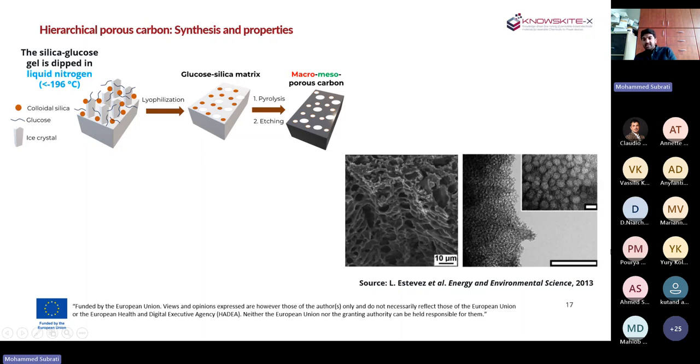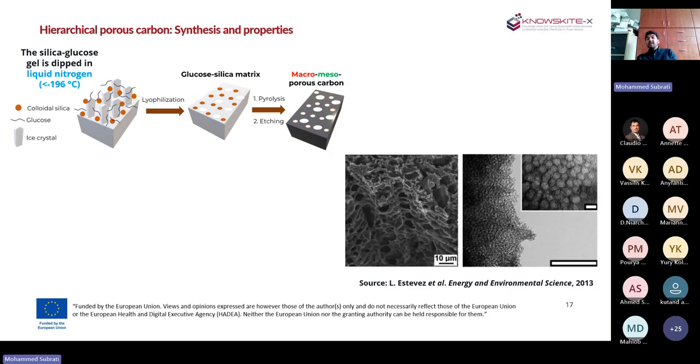On the right is the transmission electron micrograph. You can see the mesopores, which are created because of the colloidal silica or the silica nanoparticles upon etching.